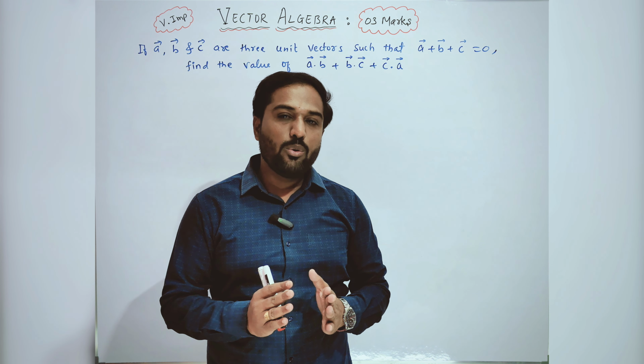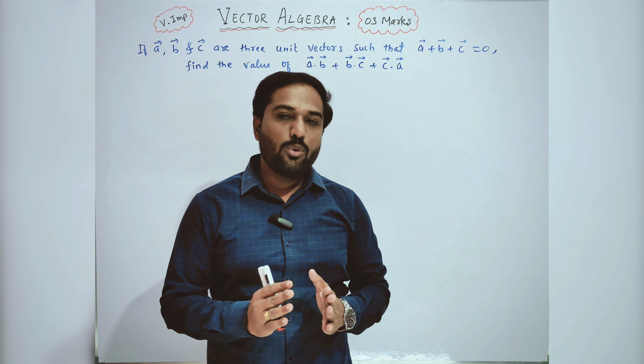Let us see. So we have A plus B plus C whole square, and whenever we are writing square for a vector, we compulsorily take the magnitude. It is to be remembered. When we are squaring any vector, we need to use the magnitude, or you can say modulus.